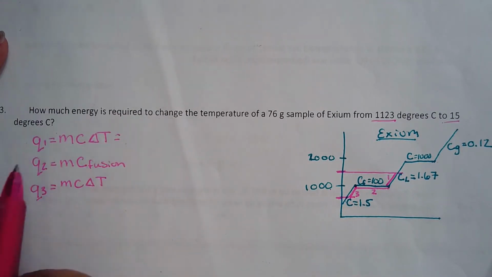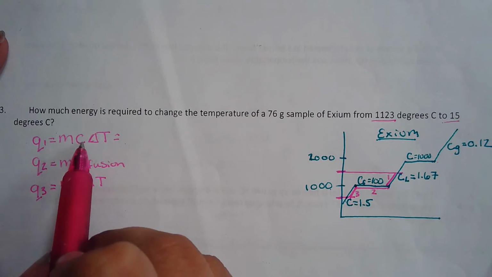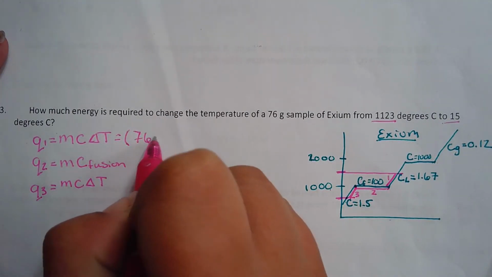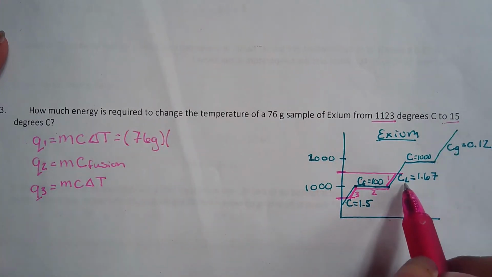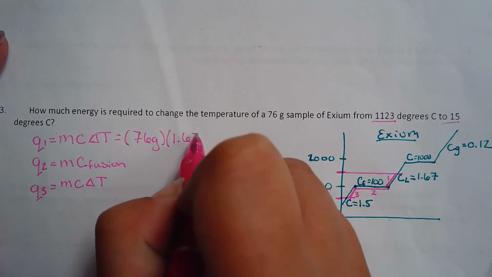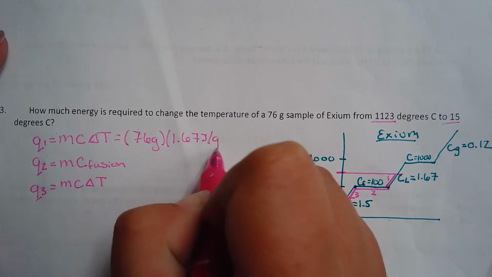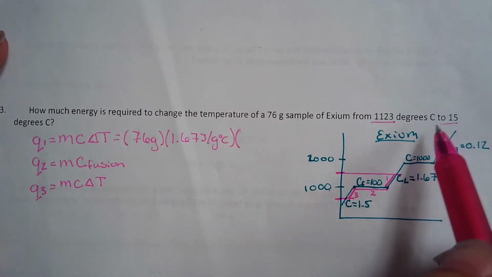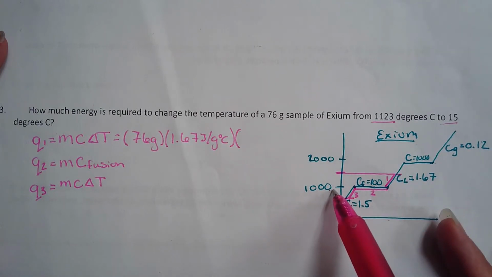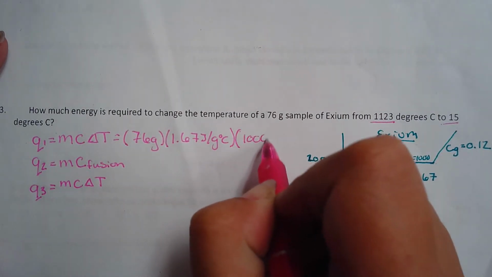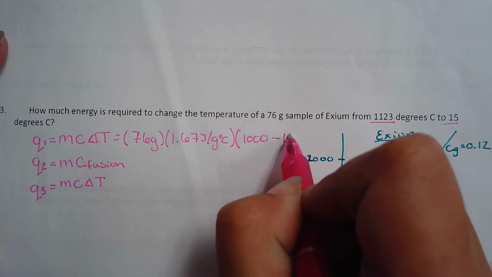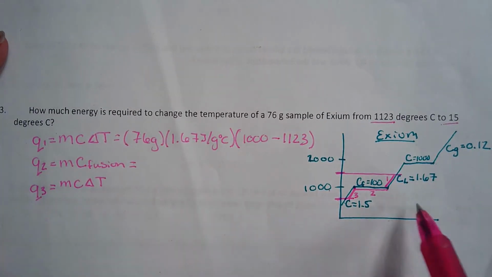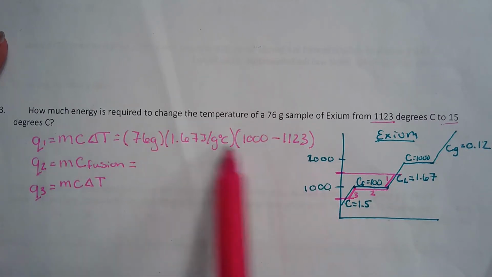Okay, so for the first section, we're in the liquid phase, so we're going to use C liquid. Our mass was 76 grams from our question. Our specific heat of our liquid is 1.67 joules per gram degree Celsius. And our change in temperature was final minus initial. So our final is 1,000 minus our initial, which was 1,123. That'll give us the heat for this first section.